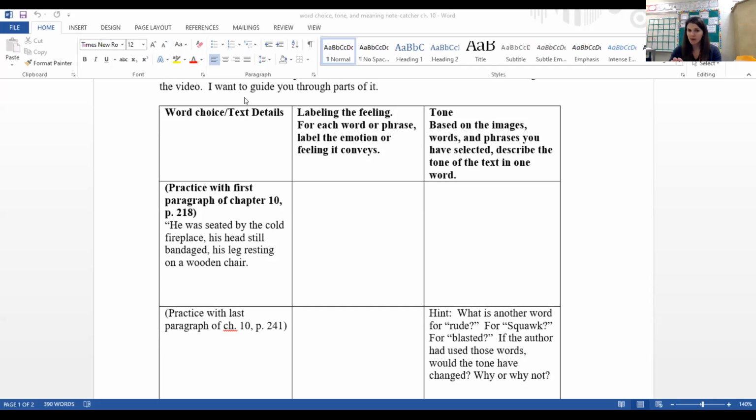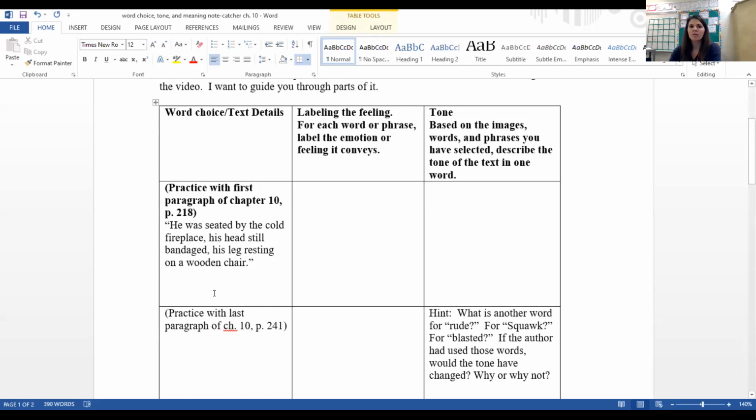So just that paragraph, we're going to pick out some specific words that the author uses to help convey an idea. So the sentence that I pulled out from that, I already have here for you in quotes. And you see, he was seated by the cold fireplace, his head still bandaged, his leg resting on a wooden chair.